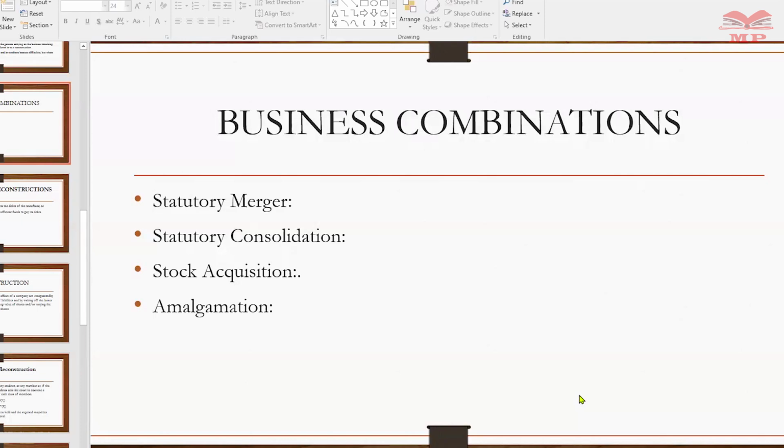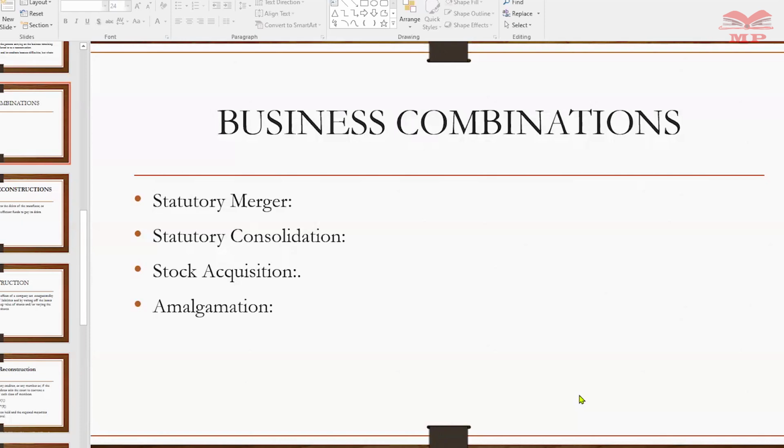We have a stock acquisition, and this is where it is a business combination in which the purchasing company acquires the majority, that is more than 50% of the common stock of the acquired company, and both companies survive. For this is where we will have now a holding company and a subsidiary.